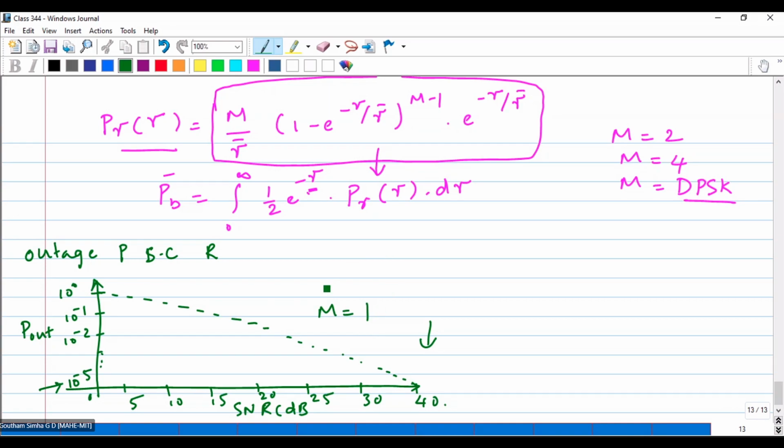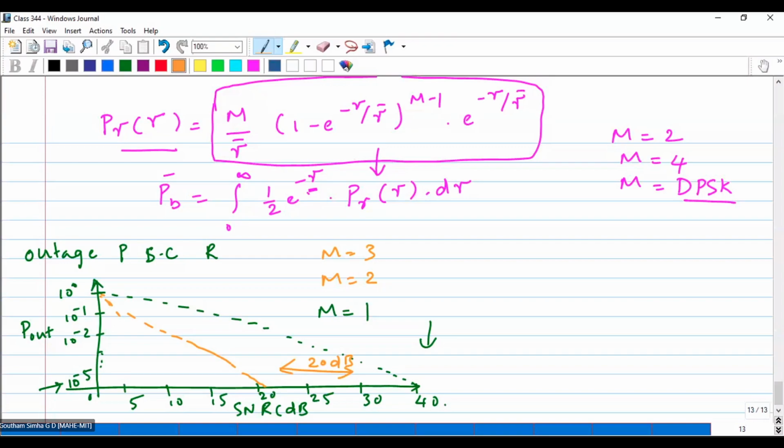Now the moment I shift from m equal to 1 to m equal to 2, I'll show you how it can be improved. You will get somewhere around, see this difference, 20 dB. The power you can reduce, how much power you can reduce. Now from m equal to 2 to m equal to 3, if you go again, you will get somewhere around 12 dB.